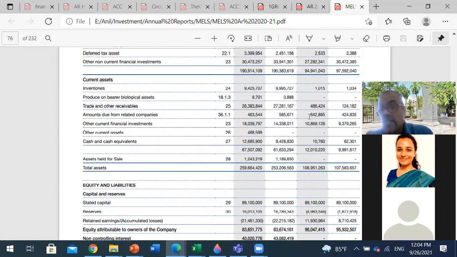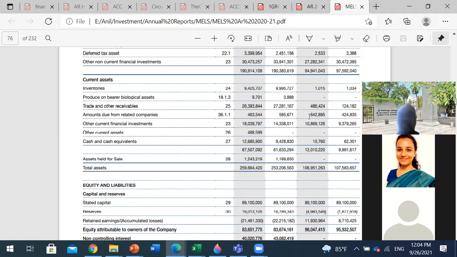Other than that, if you have lent some money to your related party, or advances given to a related party, they should not be a part of operating assets. They have to be separate. But at the beginning, to keep it at a simple level, I took it as operating.